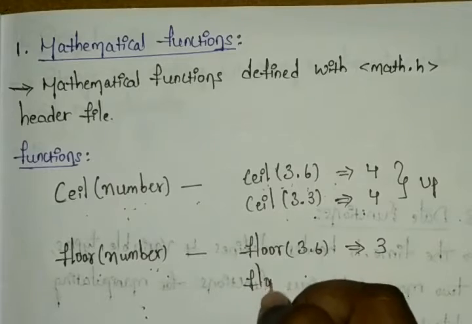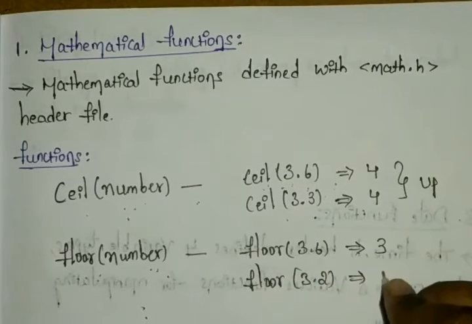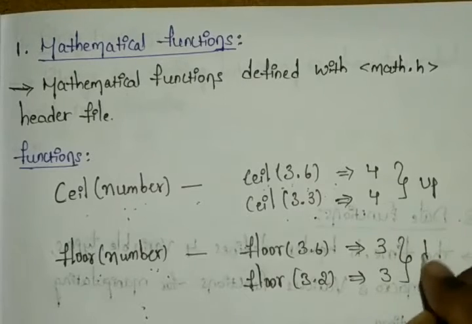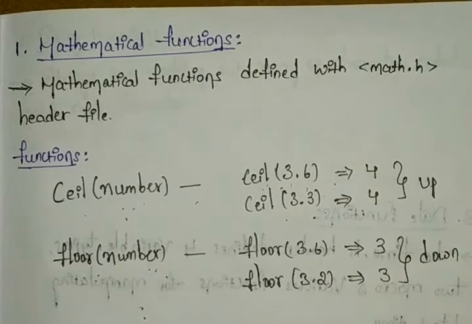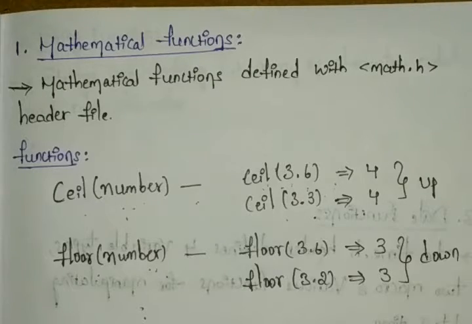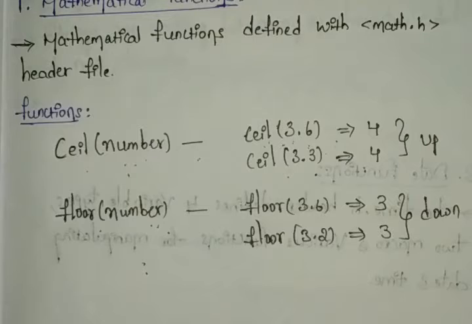And here also, I'm choosing floor 3.2. So this also comes down to the value 3. Okay, the floor is down and the ceil value will come to the up values. Just you can remember. So our mathematical functions perform rounding of the number only.